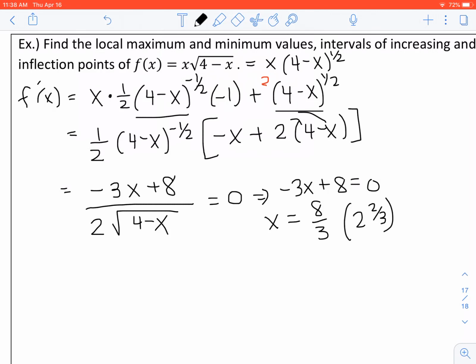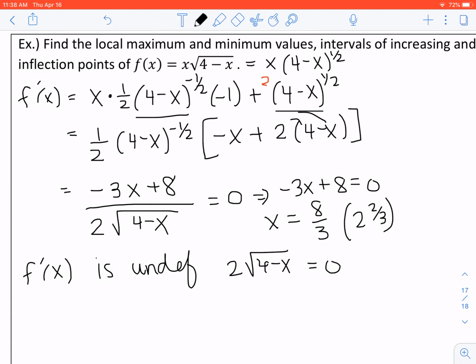And then we also know that the derivative is undefined when the denominator is equal to 0. So when we have 2 times the square root of 4 minus x equals 0, dividing both sides by 2, you get 0. Squaring both sides, it would be 0. So working this out, you should get x is equal to 4.